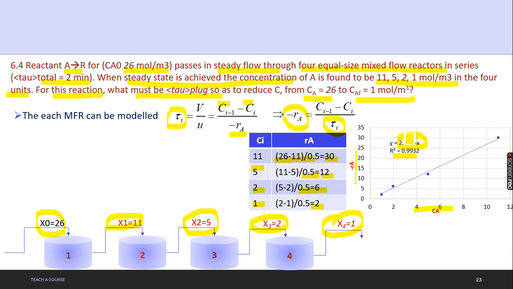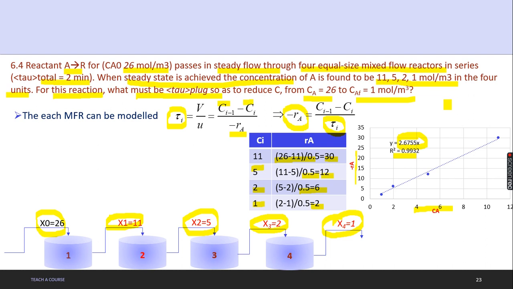We understand two things: the kinetics is first order, and we also find the rate constant K for the first order reaction. That is the only information we expected from the whole 4 mixed flow reactor data. The summary is that we know it is first order and we know the value of K. That's all we are going to use.